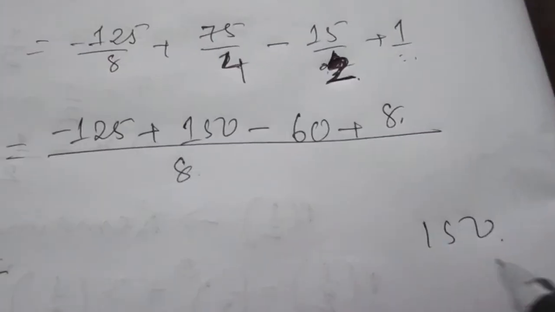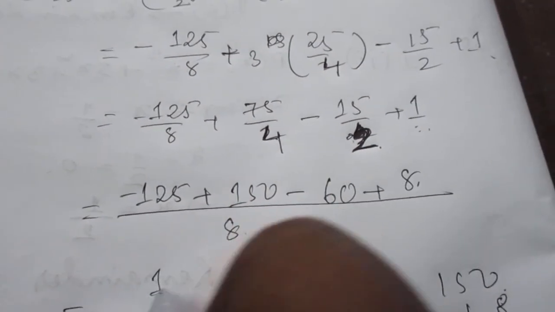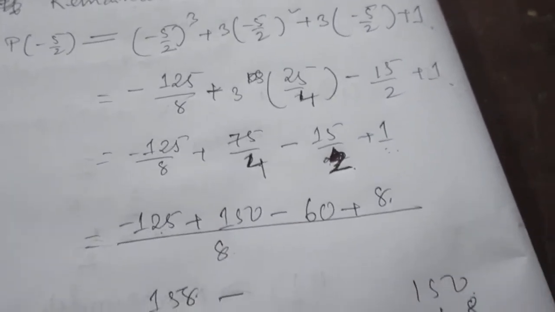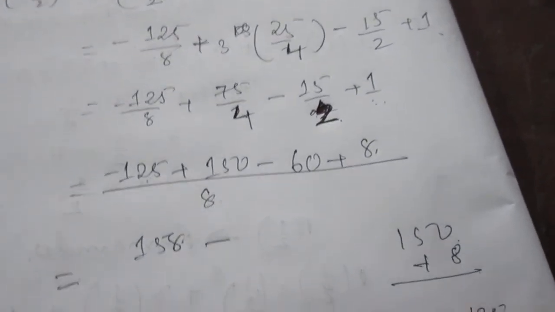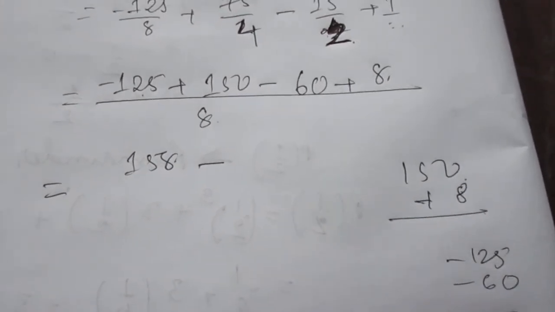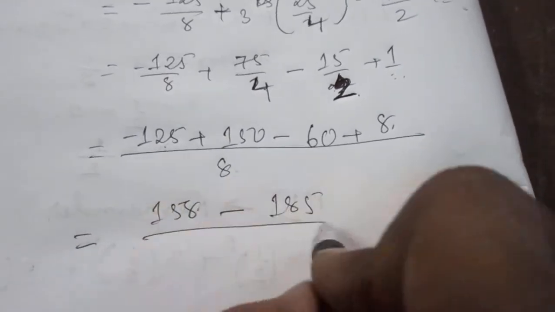150, now let us take all the plus together. 150 plus 8 is 158 and minus 125 and minus 60 will give me minus 185 by 8.